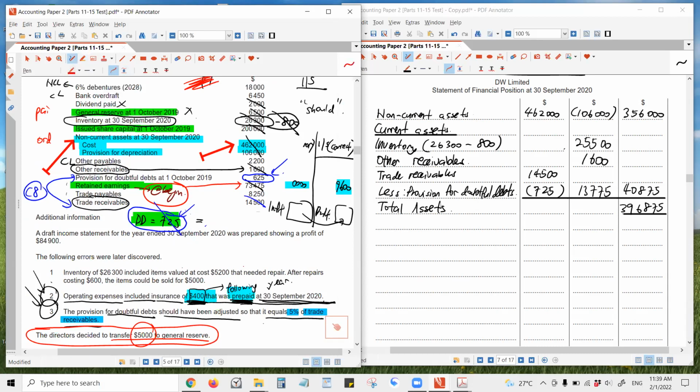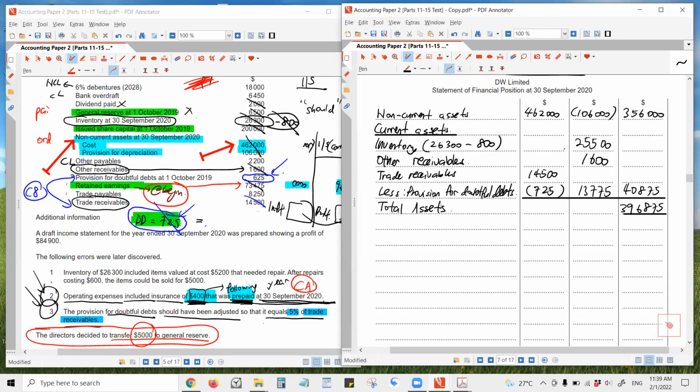So therefore, we are supposed to add 400 here. I forgot to include that. So you are supposed to take the 1,006 plus 400 here. The 400 is the prepaid insurance. Thanks for bringing this up.